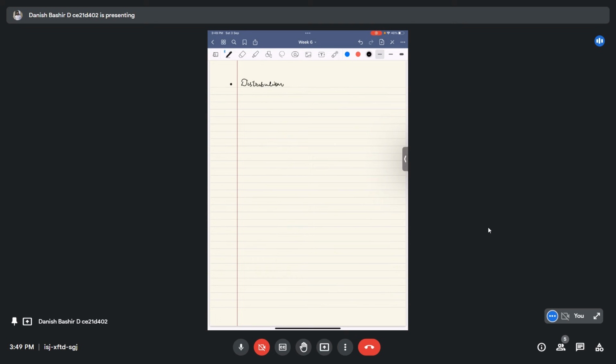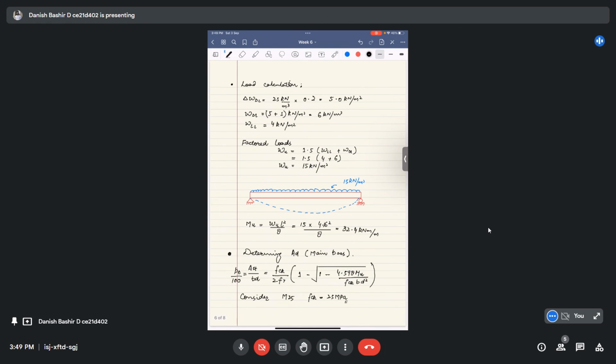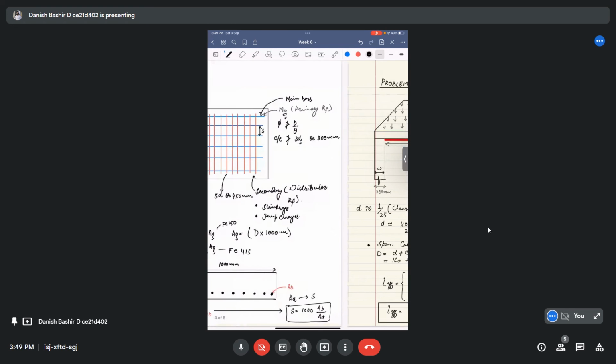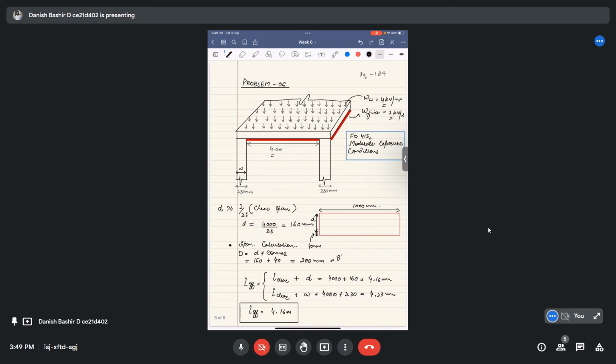Main bars we are done, now distribution bars. For distribution bars we have to provide these at right angles in the plane to the main reinforcement. I told you these distribution bars have to be provided as per the cross section and the grade of the steel of the main reinforcement. Here I wrote this: we have to provide it as 0.12% of the gross area of the cross section.